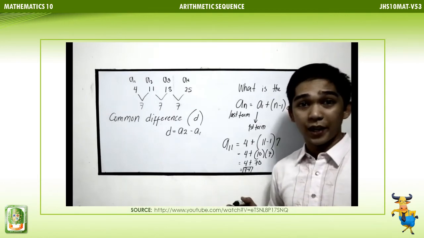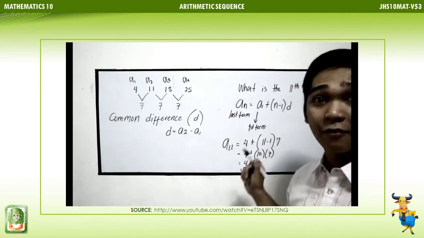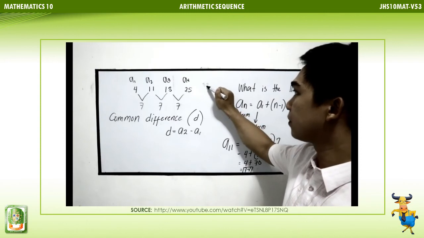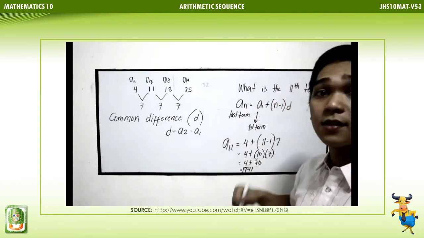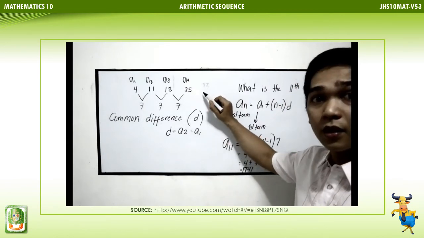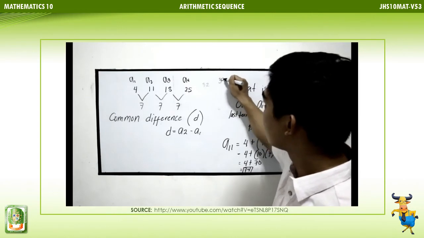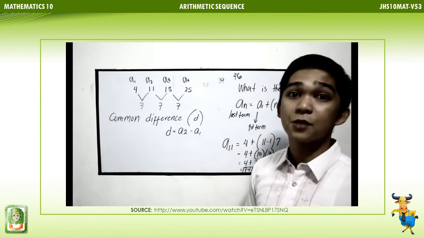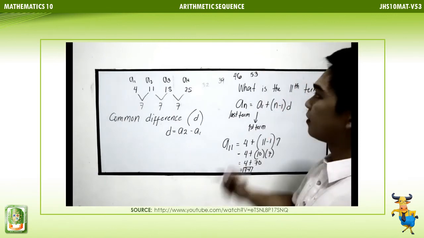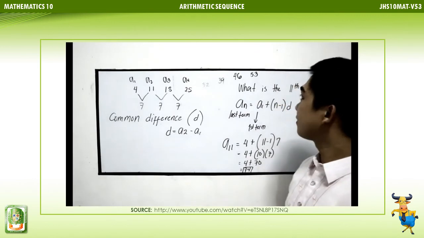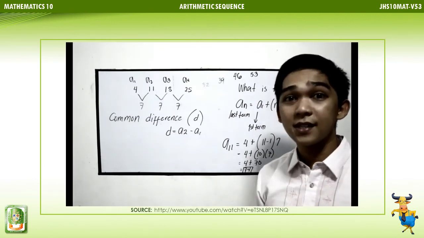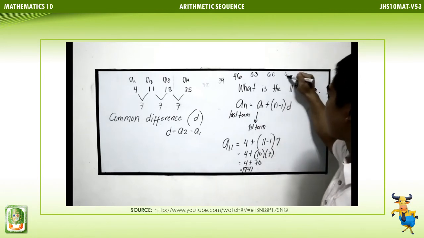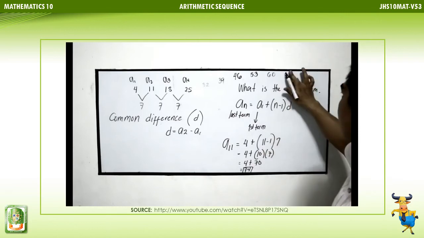You can check your answer the manual way by adding 7 repeatedly and finding the 11th term. 25 plus 7, that's 32. 32 plus 7, that is 39. 39 plus 7, 46. 46 plus 7, 53. 53 plus 7, that is 60. 60 plus 7, 67.